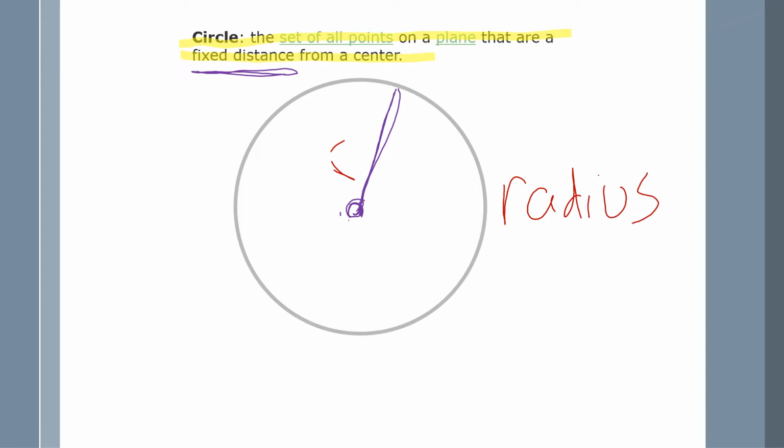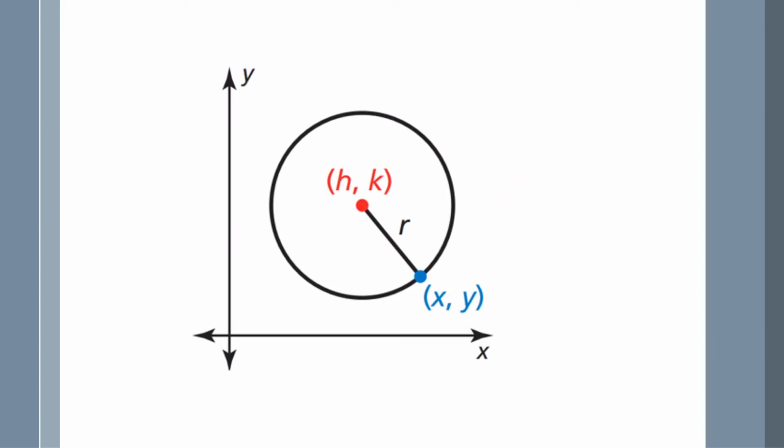All right. And the edges of the circle are just the x and y points that you deal with. And that's going to come into play. You see a picture of this right here of what we talked about. H and K is that center point, and X and Y, of course, are just points.